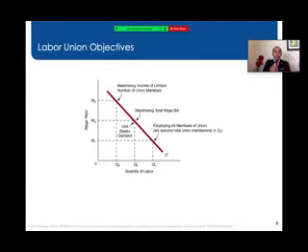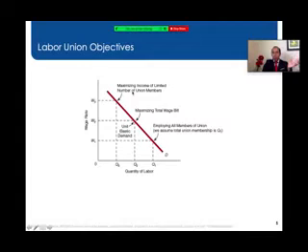Within the labor union wage model, we have wages on the vertical axis and the quantity of labor employed on the horizontal axis, and the demand for labor is downward sloping, illustrated by this violet-red downward sloping demand curve. It specifies three different wages. Wage 3 is the wage that is paid to a limited number of union members.